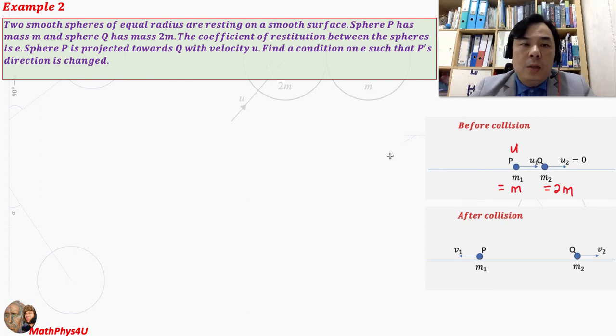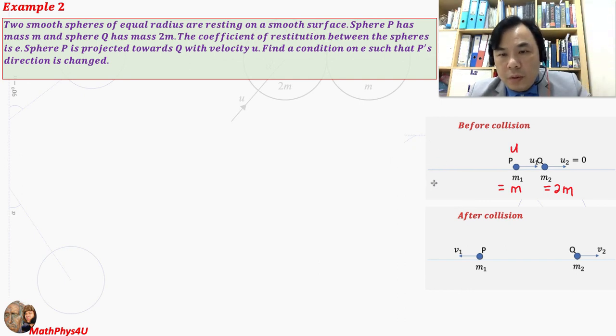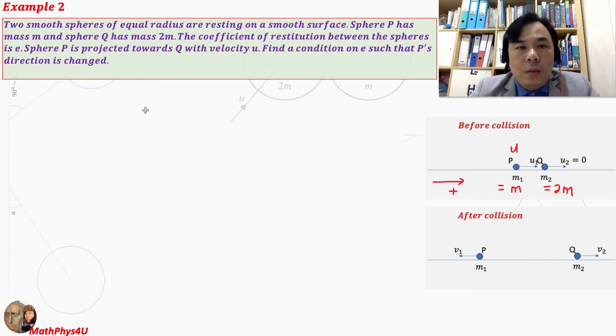The other thing you must remind yourself whenever you attempt collision questions is that you must assign the directions, your reference. So we put a reference, this direction is positive. Therefore, we're going to apply conservation of momentum as usual. For conservation of momentum, we have mu, because that's the only one that is moving. That is before collision, and it must be the same as the total momentum after the collision.